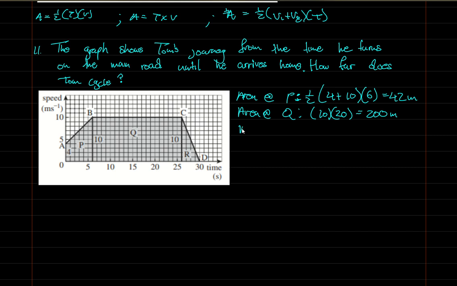Also the area at R, which is also a triangle. Luckily for us, these are really nice and easy shapes, which is equal to half times 10 times 4, and it will give us 20 meters.